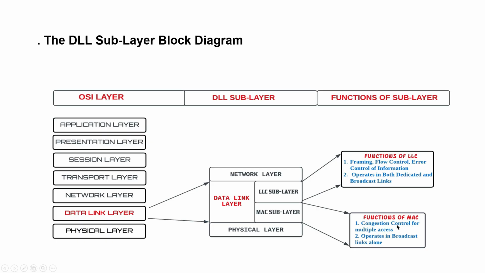The MAC is the connection for controlling multiple accesses. Multiple access means one sender and a number of users, say 60 or 120, accessing the same data. It operates on the broadcasting link alone. This is the data link sublayer block diagram.